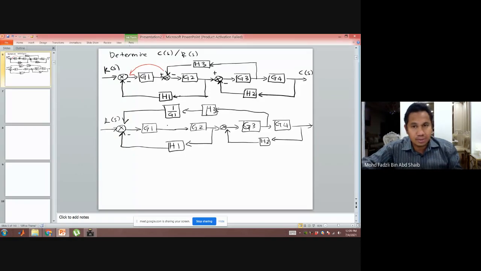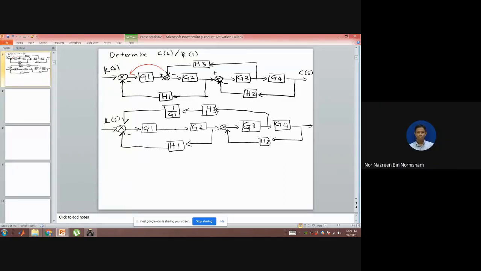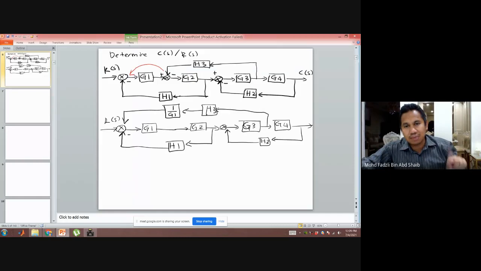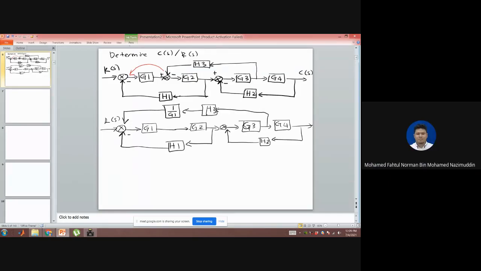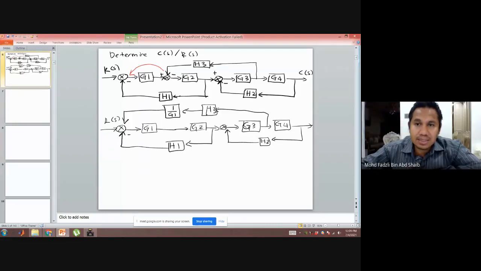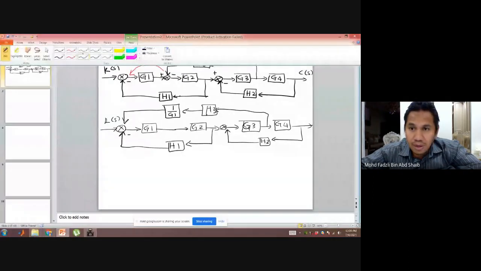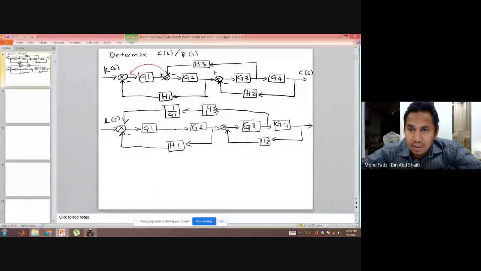This one becomes what? G1 and G2 become what? Series. So G1 times G2, is it? Yes. Now we need to move this one to the back, right?